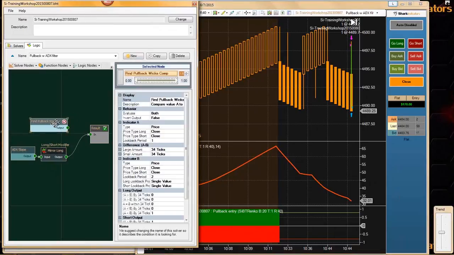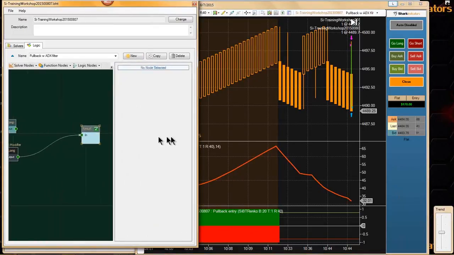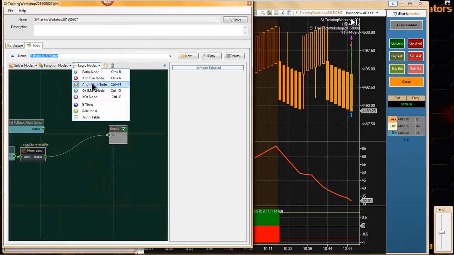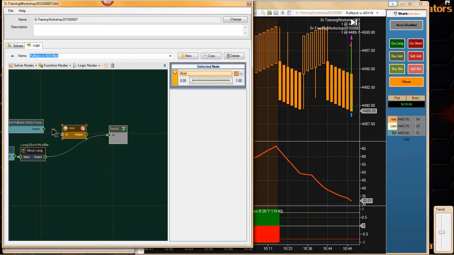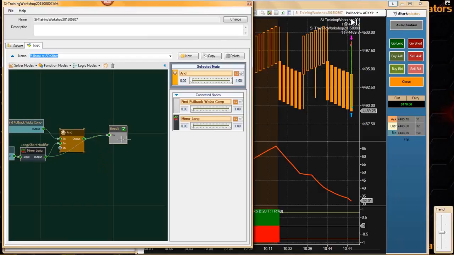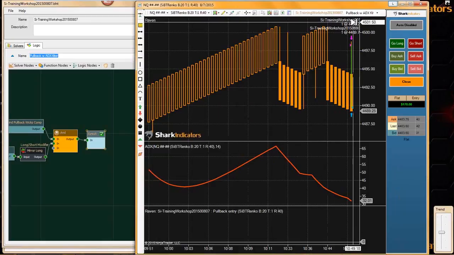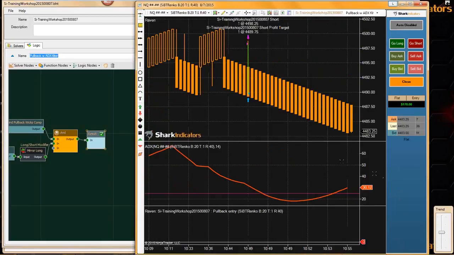Okay, so now the last step is we just connect all this stuff together with an AND node. Put an AND node in here. Connect that up. And I'll enable Raven, and let's get Raven to execute that trade for us.